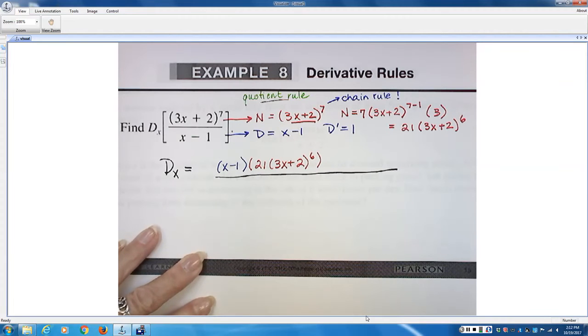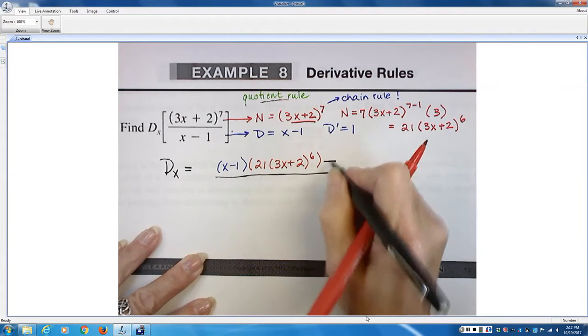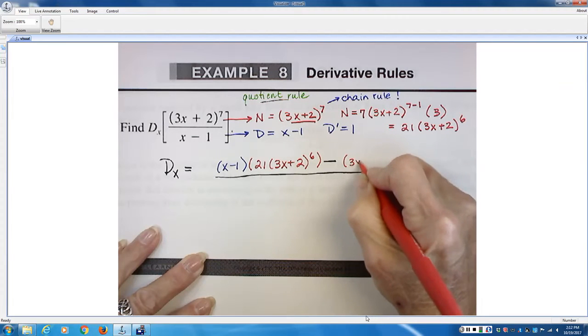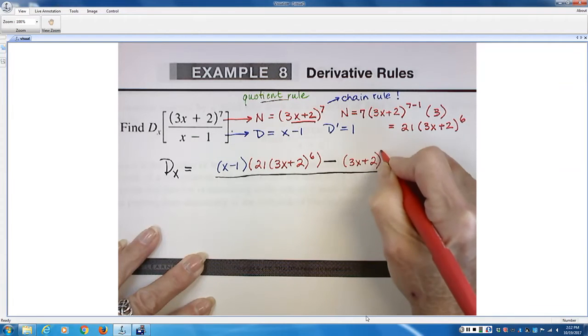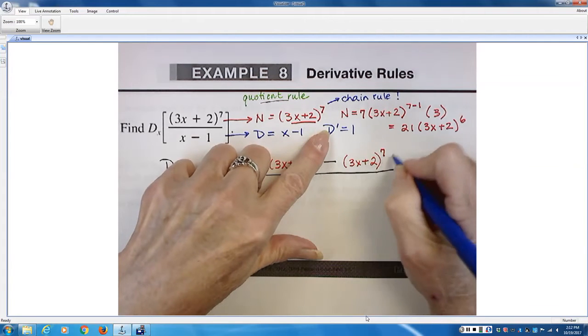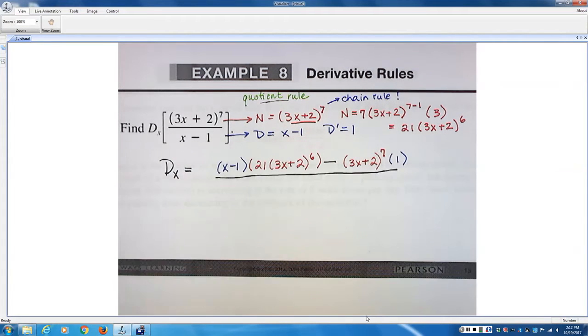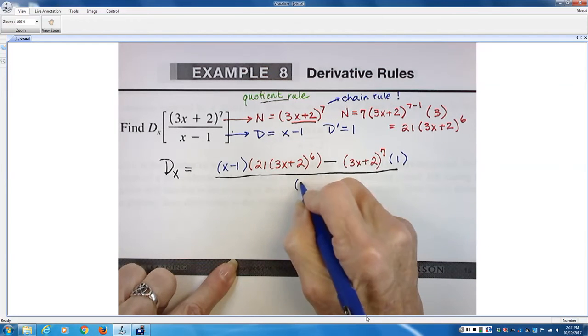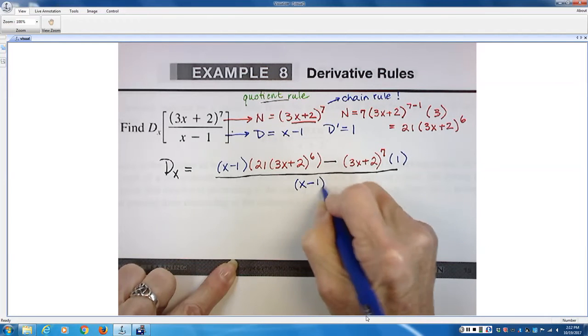Then we subtract the numerator, which is 3x plus 2 in parentheses raised to the seventh power, times the derivative of the denominator, which fortunately is very small, it's just 1. And it's all over the denominator, x minus 1 squared.